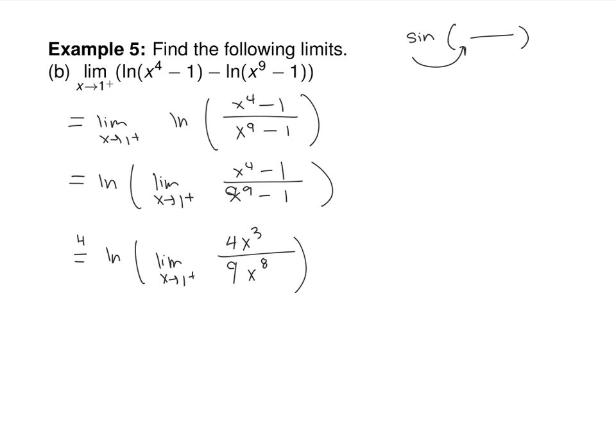And at this stage, can you plug in 1? Yeah, what do you get? Yep, and the ln is still there, right? So I have natural log of 4 over 9.